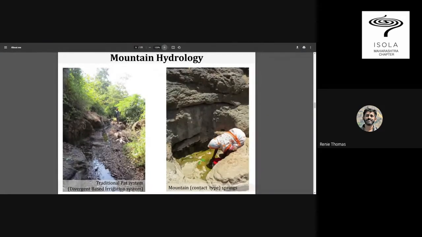And they have carved out such furrows along the sides where water moves down. Also, water for smaller communities comes through cracks and crevices, or these joints or contact zones, where water moves out in very small amounts. Like in a day, you could fill up, say, 5 vessels or 5 hundas of water. That is the speed at which the water moves in the ground.